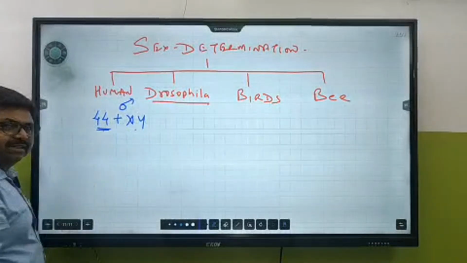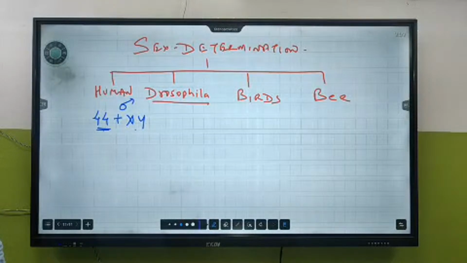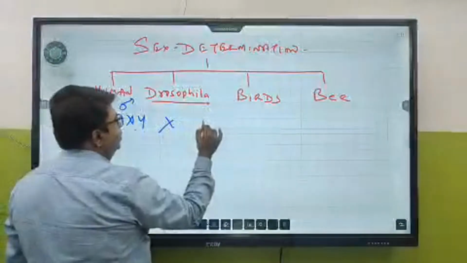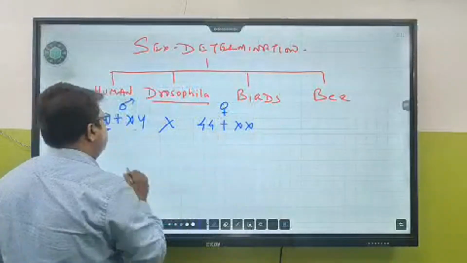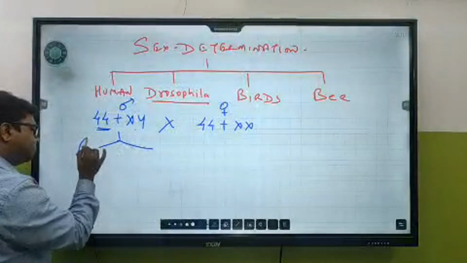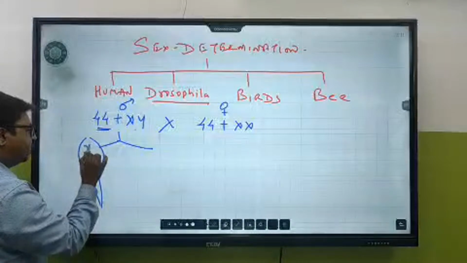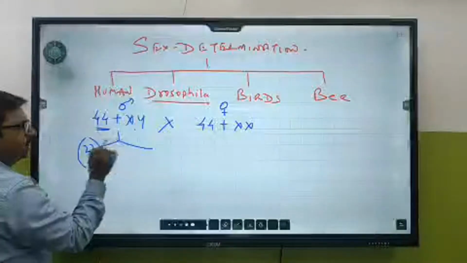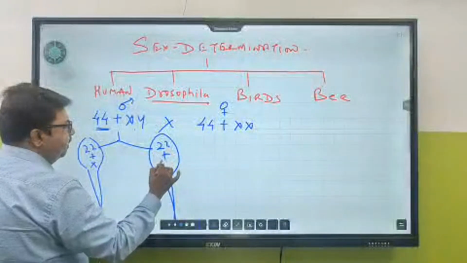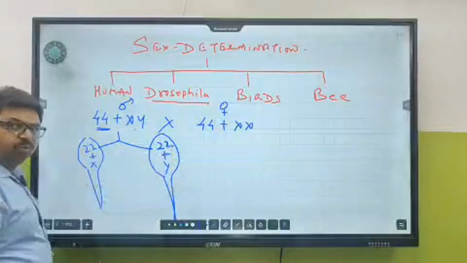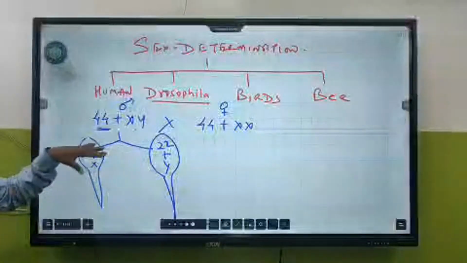And the last pair is sex chromosome, XY, allosome. Cross with female, 44 plus XX. This is mother. So from father, we can get 2 types of sperm. One having 22 plus X, and another sperm containing 22 plus Y. This has been a complete disjunction.